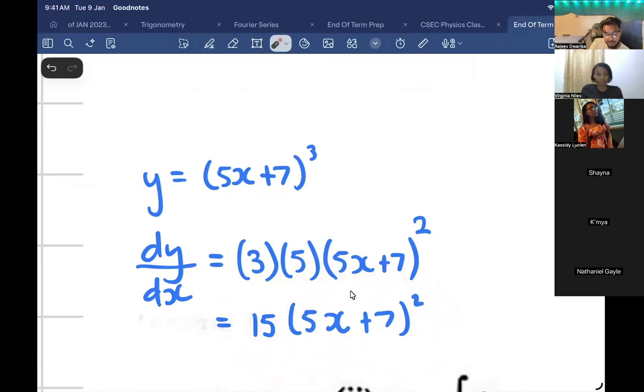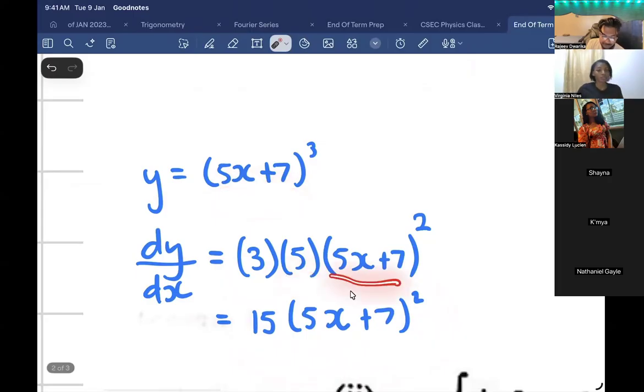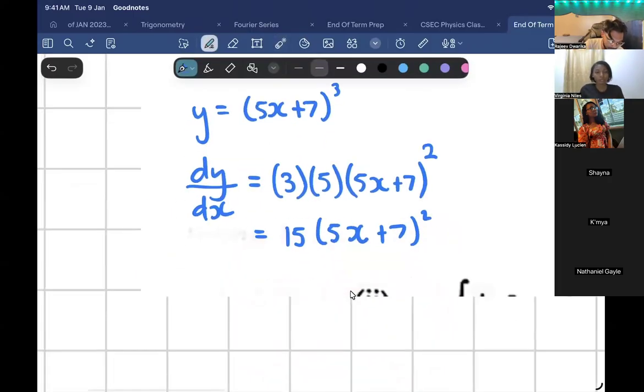When I was differentiating, I multiplied everything by 3. Then I multiplied by the derivative of whatever was inside the brackets. And then I minus 1 from the power. So let's think in reverse now. I'm going to integrate 15 (5x plus 7) to the power 2 dx.